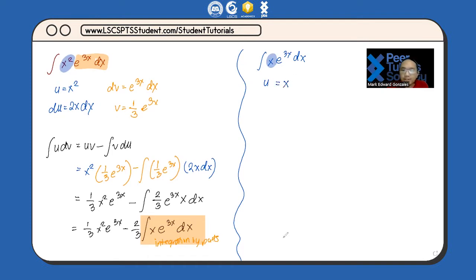And the rest of our expression becomes dv. So du will be equal to dx in this particular case. And v will be equal to same thing as before, 1/3 e raised to 3x.